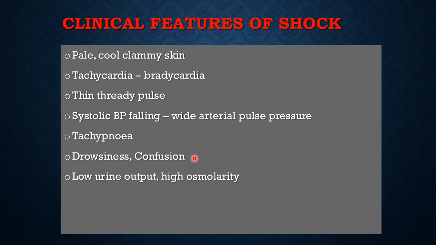Ultimately, the patient becomes drowsy and confused, and you will notice low urine output alongside all of these findings, and the urine will be concentrated because the body is trying to conserve body water.